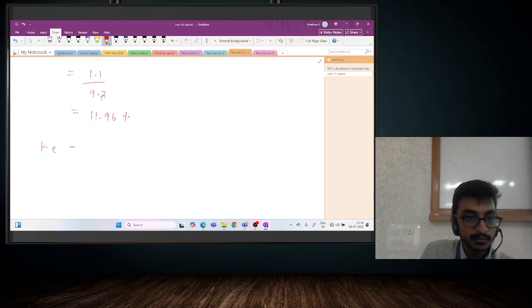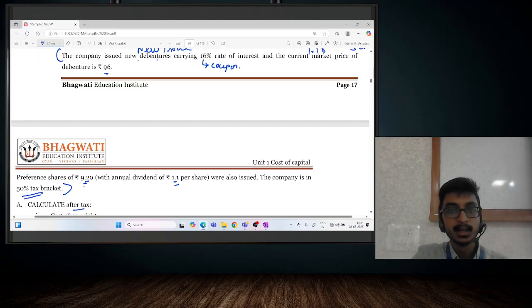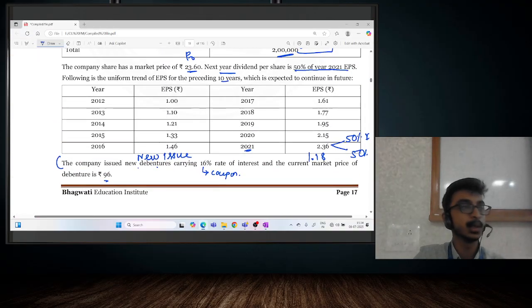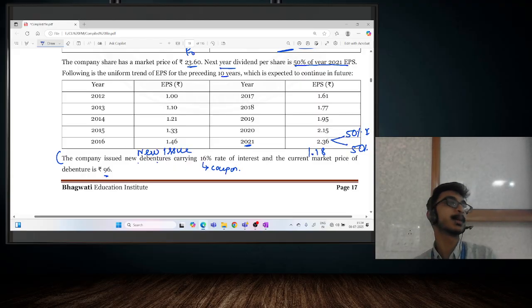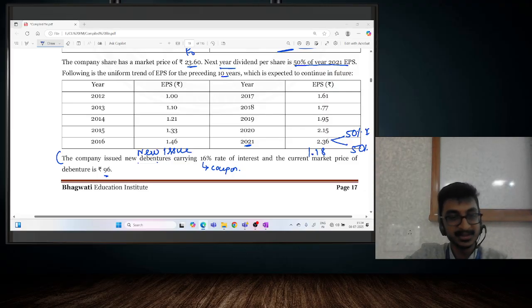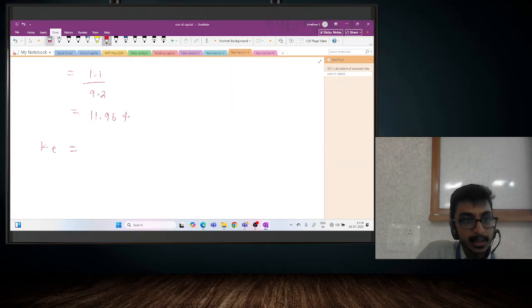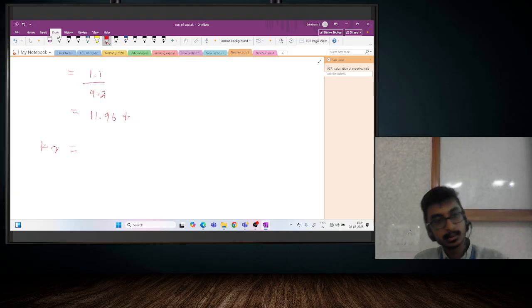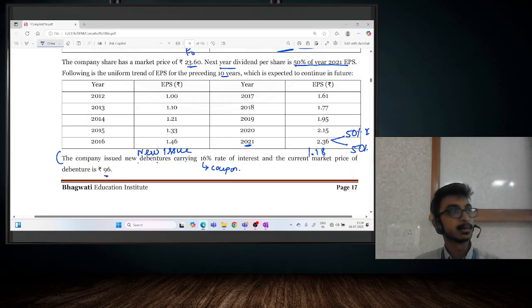Now cost of new equity. Listen, calculation of cost of new equity. In this case, which approach can you use for calculating the cost of equity or cost of retained earnings basically? We can take Gordon's approach, but growth rate is not directly given in this question. You can calculate growth rate here, right?